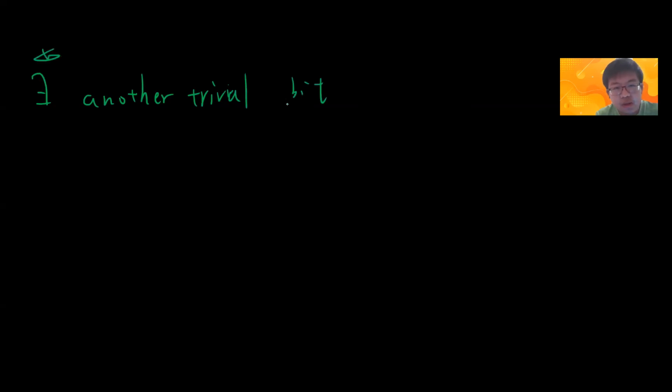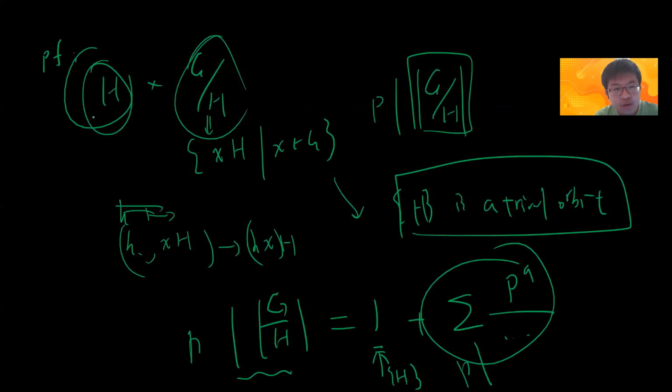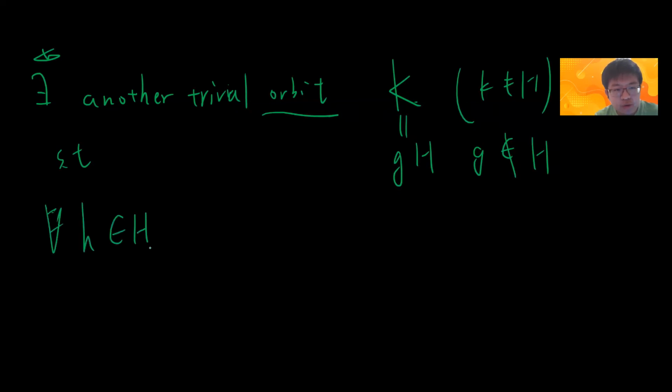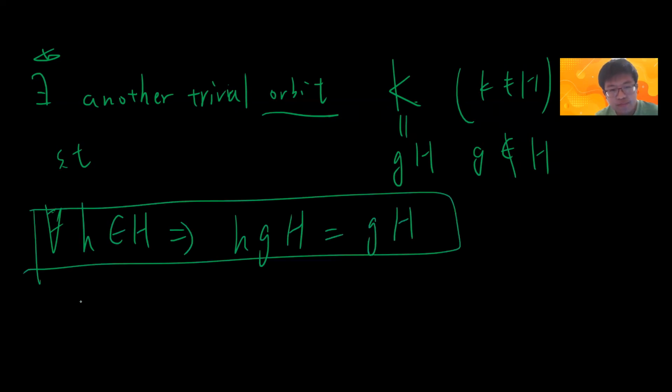Here is a key step: there exists another trivial orbit, call it K. K is not the same as H, so they are different subgroups, such that H fixes K. K must be of the form gH for g not in H. So for all h belonging to H, we have hgH equals gH, which tells you that g inverse hg belongs to H for all h.